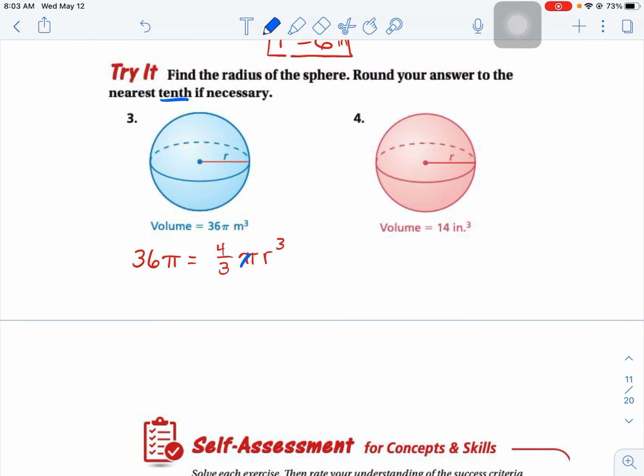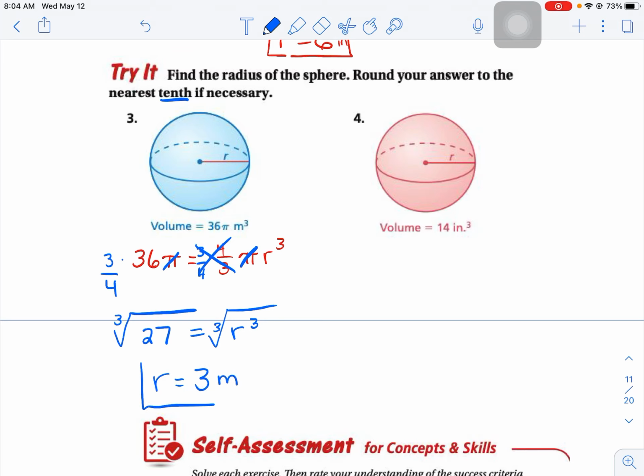Pi's are going to cancel on both sides. I'm going to multiply by 3/4. When I do that, I get 27 equals r cubed. Cube root both sides. And the cube root of 27 is 3. And my units here is meters.